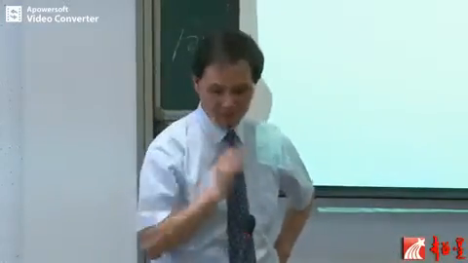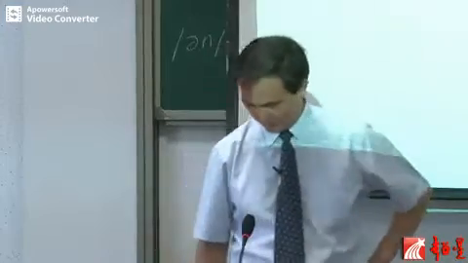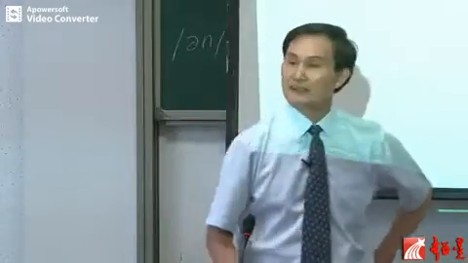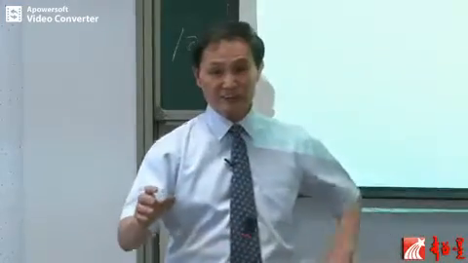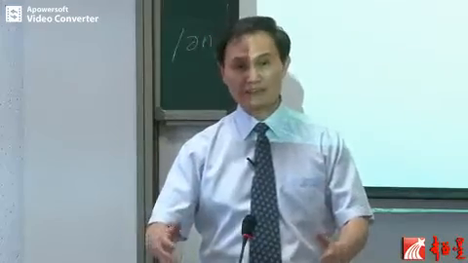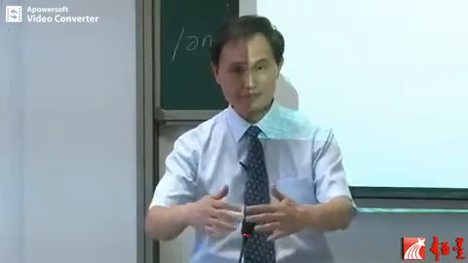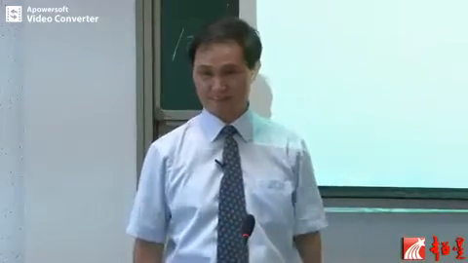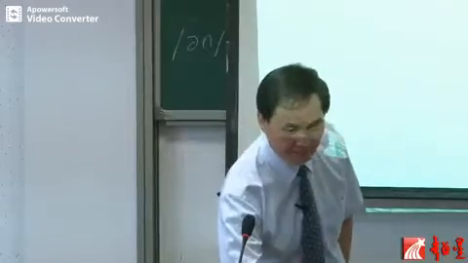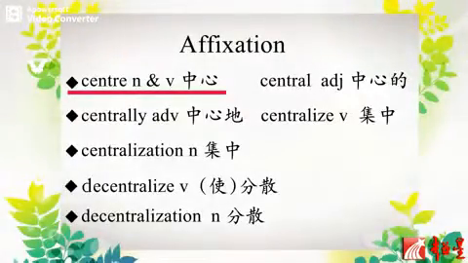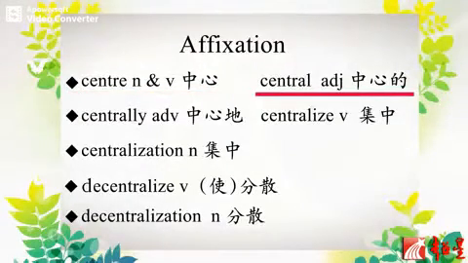Now let's come to affixation. Affixation deals with new words created by using roots plus affixes. For example, you know the word center. If you know this word, you know a number of words. Why? Because when you add al, you make an adjective.